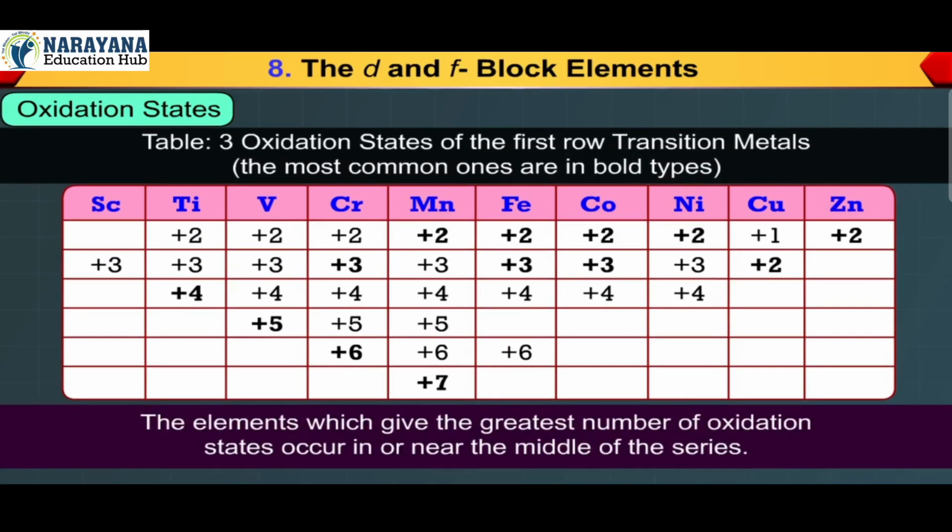The elements which give the greatest number of oxidation states occur in or near the middle of the series.